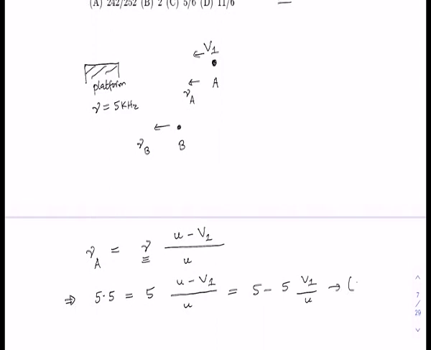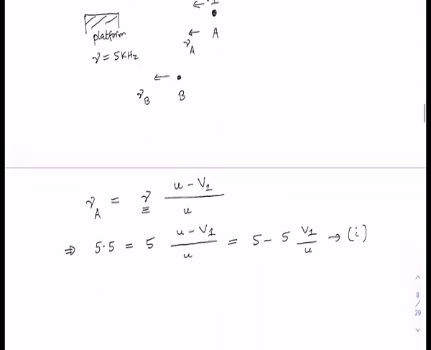So this is my equation number 1. Simplifying further, I get half equals minus 5 v1 by u. This is equation number 2.